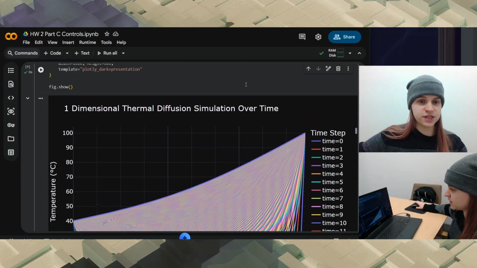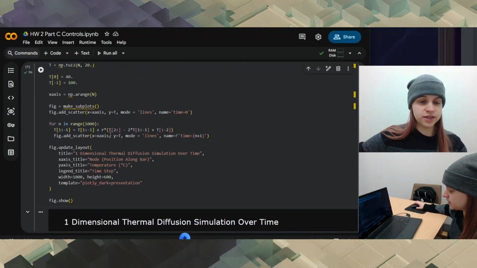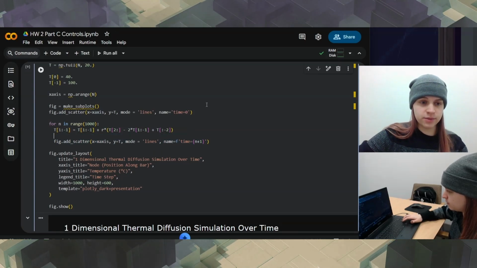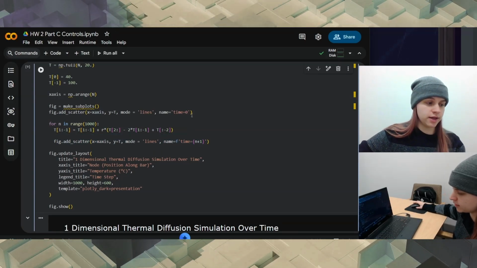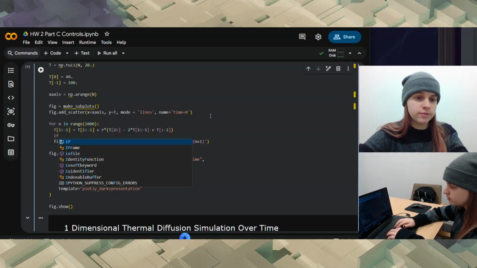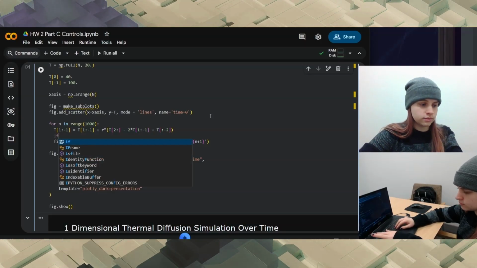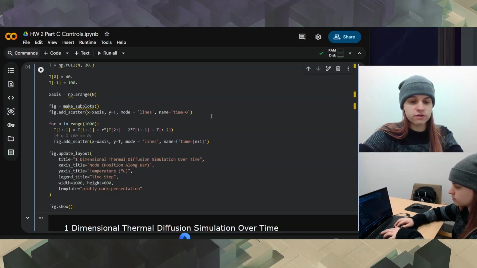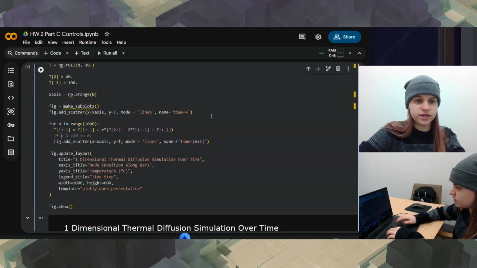And the reason I forgot about plotting this scatter was because before I put this under an if statement, and we are going to be using the modulus. So this is this percentage sign.